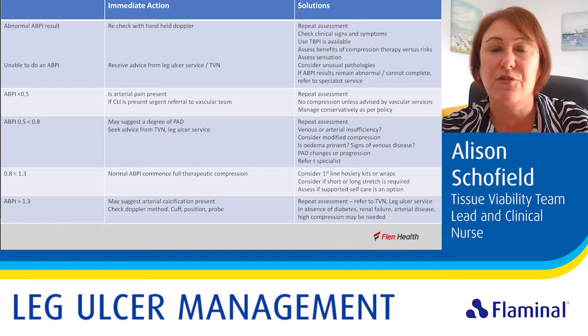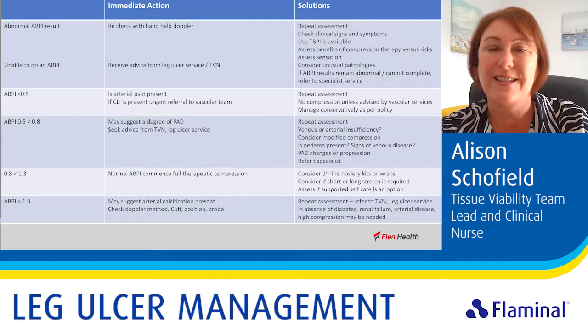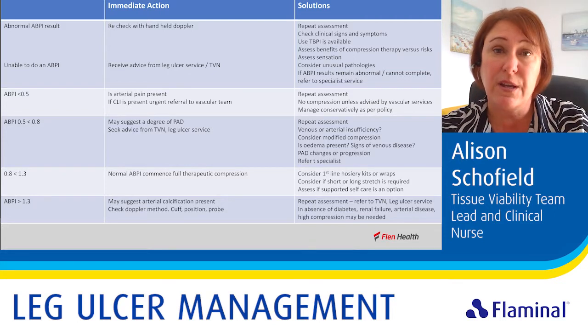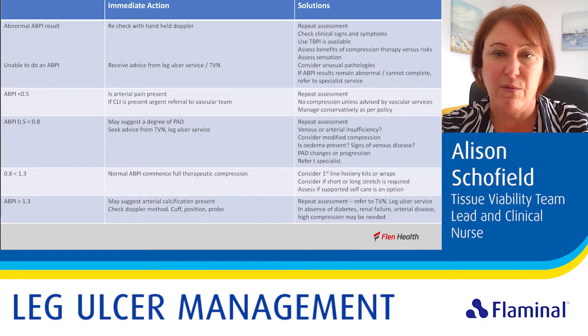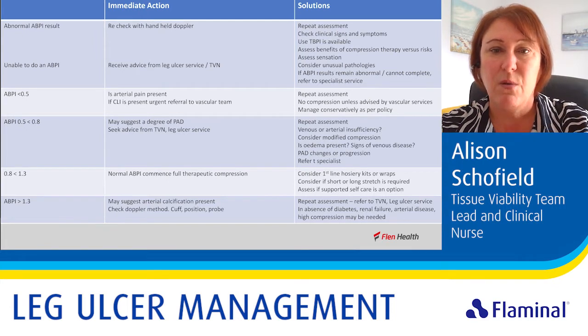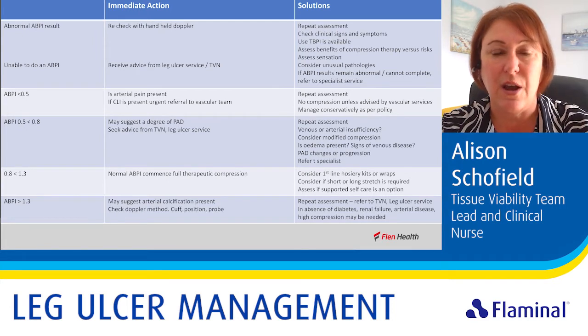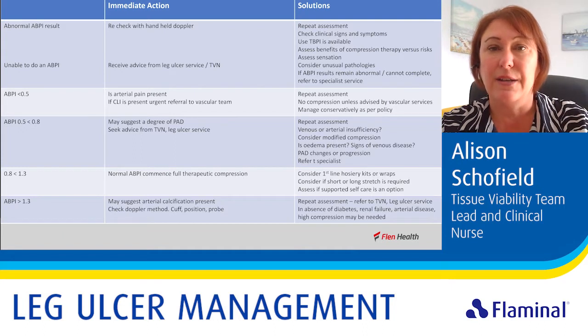Don't start low and then try to go high because it won't work. This is therapeutic compression. So we need to be ensuring that we are applying this and getting this for our patients to improve their wound healing. We want to consider first line of using hosiery kits and ready wraps.